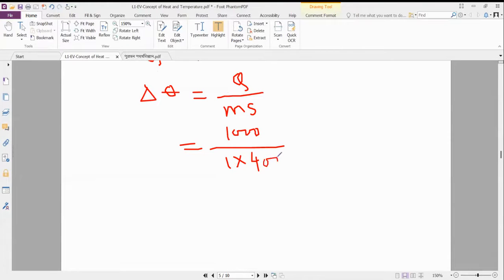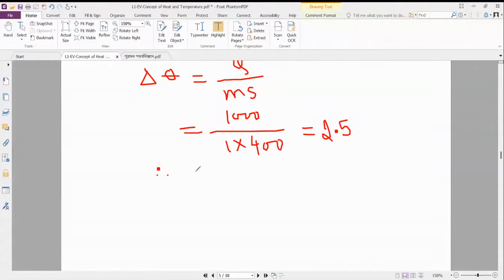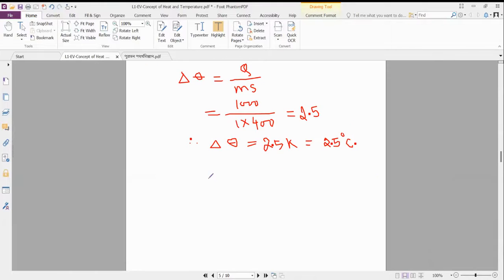So here it is 400. So we can write 1000 divided by 400. That means 2.5 Kelvin. Temperature change del theta is 2.5 Kelvin. As the difference of temperature in the Celsius and Kelvin scales is the same, we can write 2.5 degrees Celsius as well, the temperature change for copper.